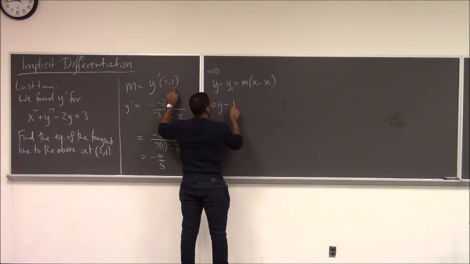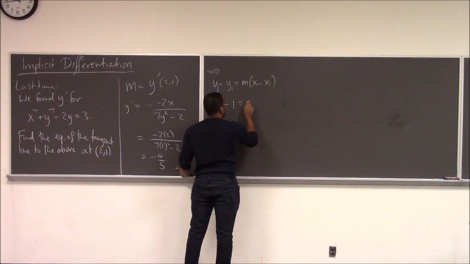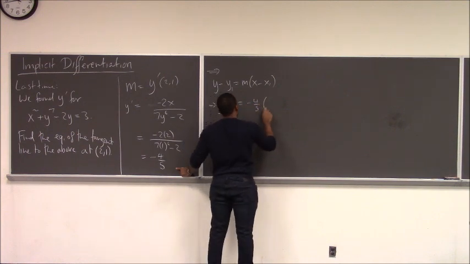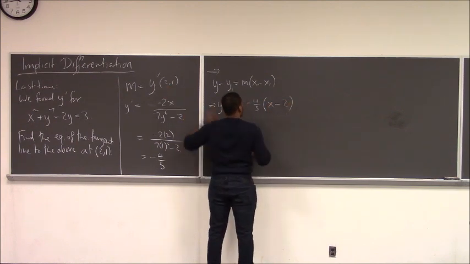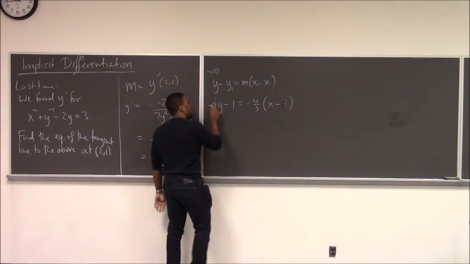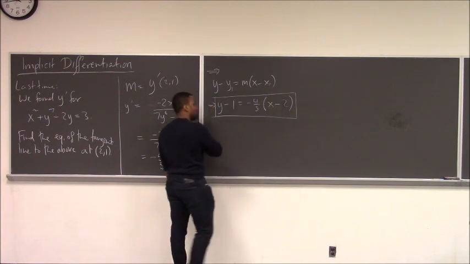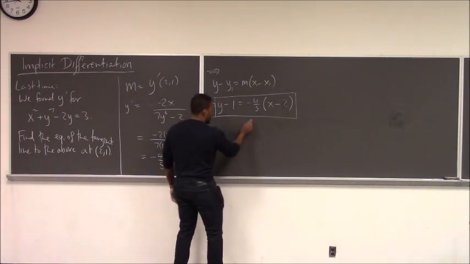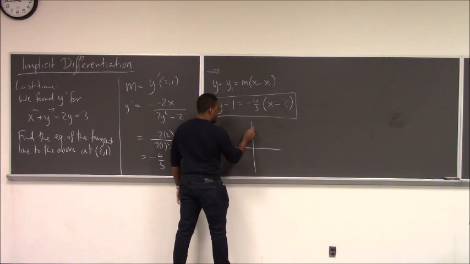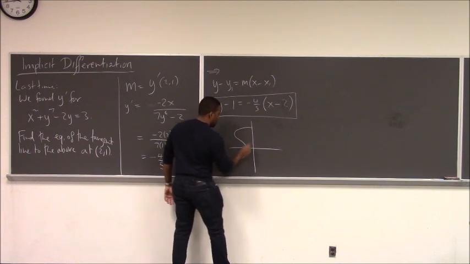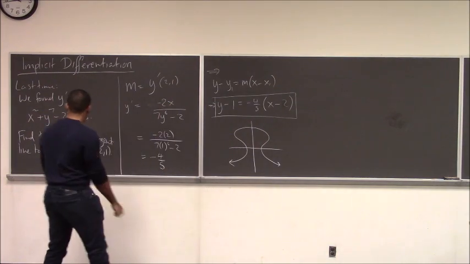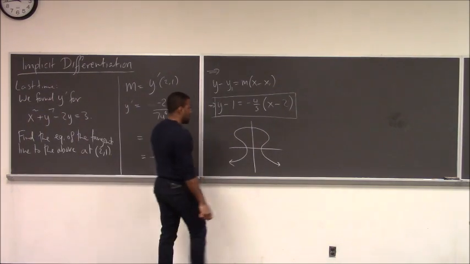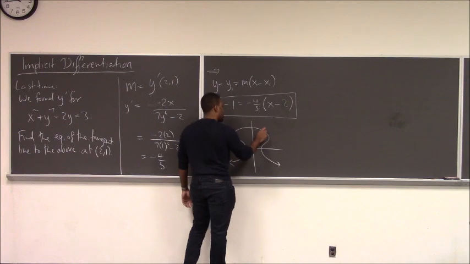Y minus 1 equals m times x minus 2. That would be the equation of the tangent. So last time we saw this curve had a weird graph, wasn't even a function, something like this. And so basically we just asked for the tangent line to be around here, I think.